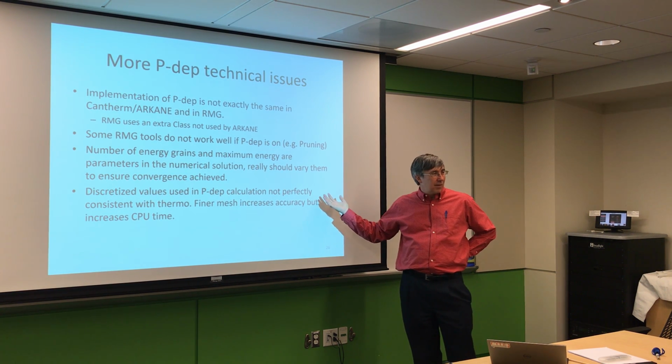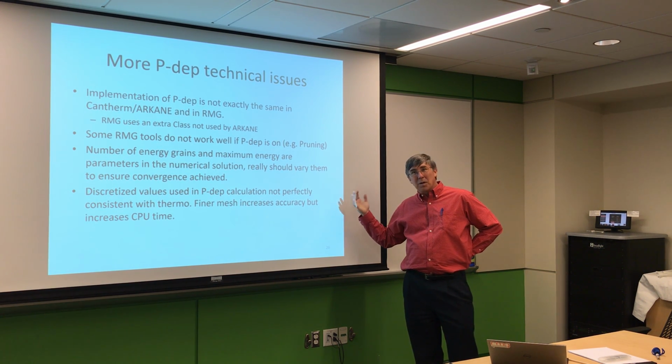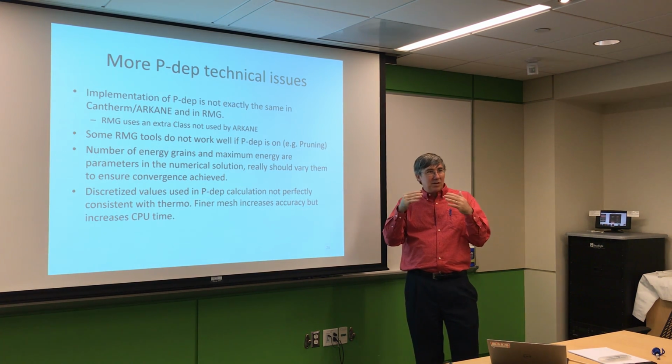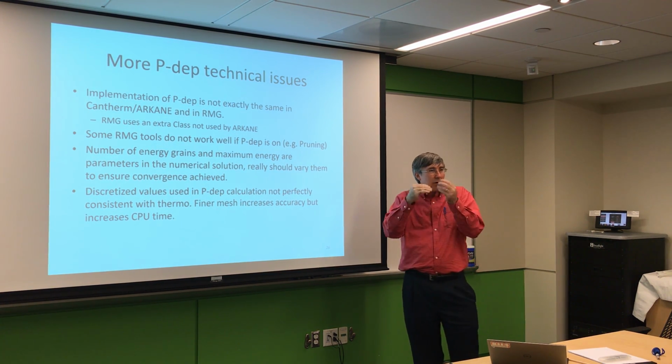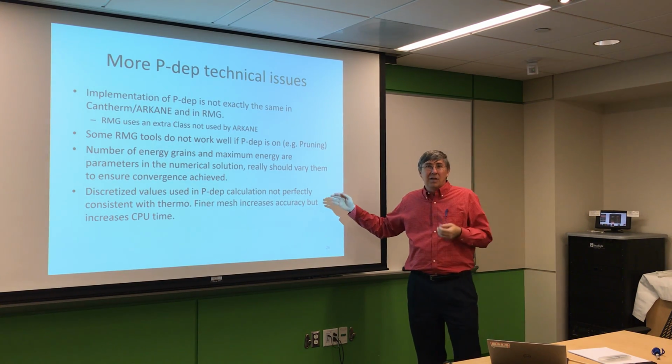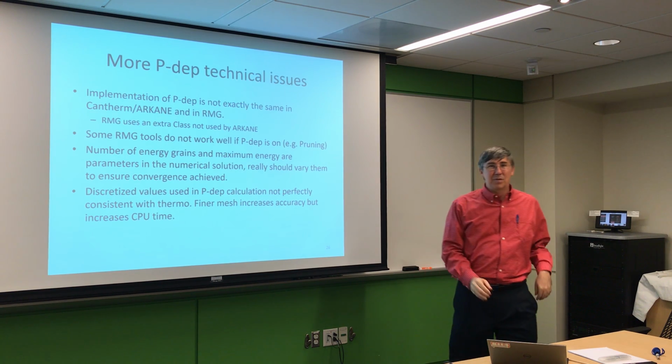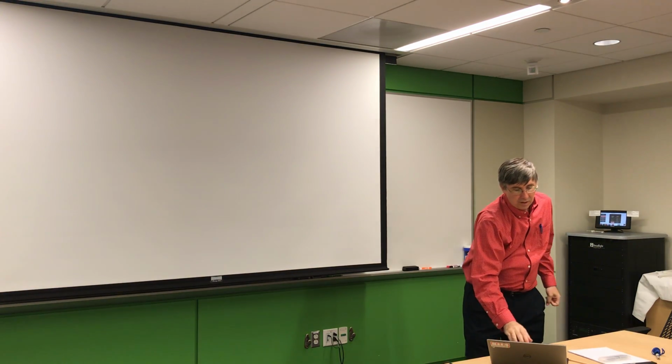So we're using approximate thermo, and sometimes you'll see weird discrepancies because the macrothermo and this microthermo are not exactly the same numbers. It's a little bit subtle, and unless you look carefully, you won't notice it, but there's definitely something there. And that's all I've got about PDEP.